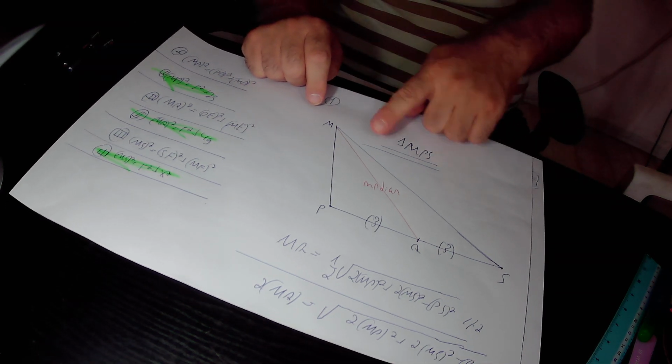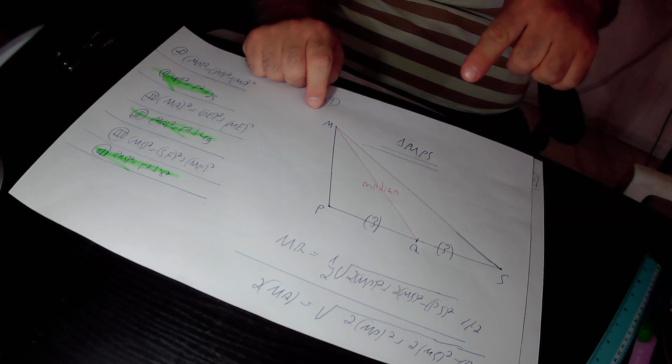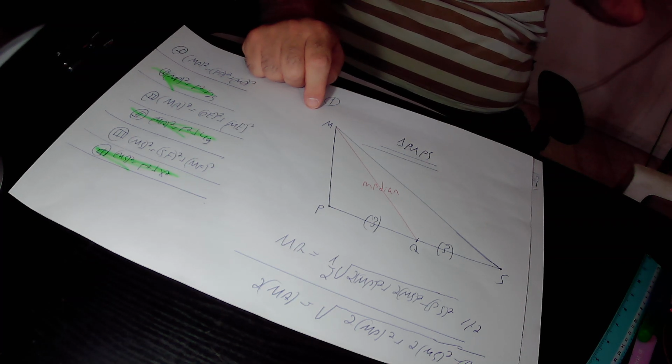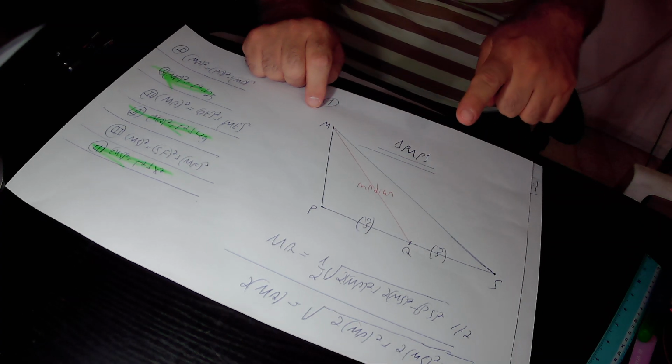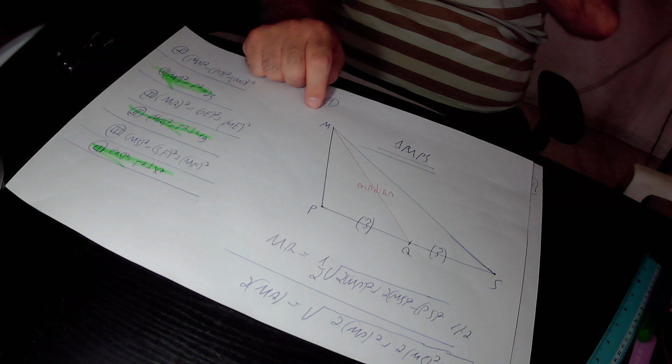MP and MQ, the red line MQ, is defined as a median of this triangle, triangle MPS. The median of any triangle starts from the vertex and ends at the opposite side, at the midpoint of the opposite side.